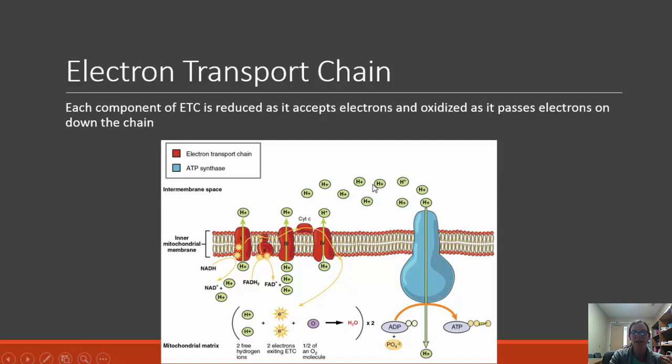These are then going to be attracted to this other side of the membrane, right? They can't diffuse through the membrane, so they're going to be attracted to this other side because they're in such high concentration on this side. And when they go back through, they can get back into the membrane through this ATP synthase, and the hydrogens falling down their concentration gradient is what's going to power this transformation of ADP to ATP.